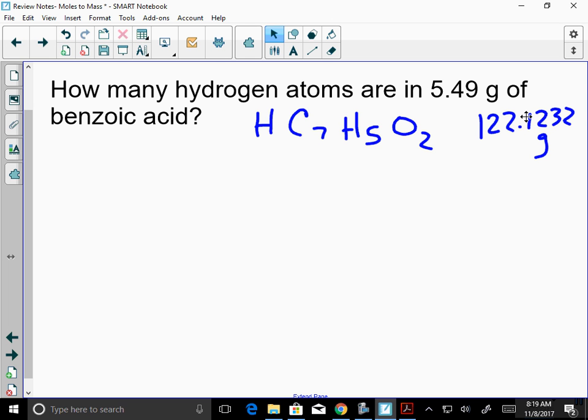and follow with me. Put your finger on where we are starting, which is the mass. Okay? We are starting at the mass. So I have to go from mass to moles, correct? That is my first step. Then I have to go from moles to representative particles, which is my second step.